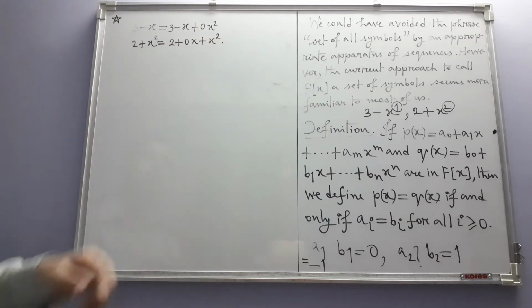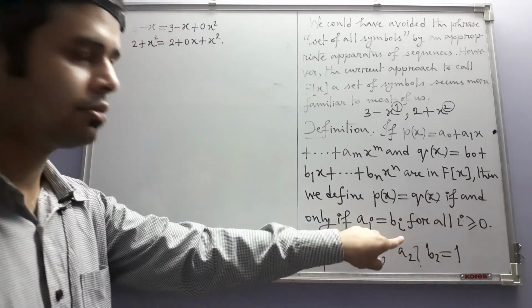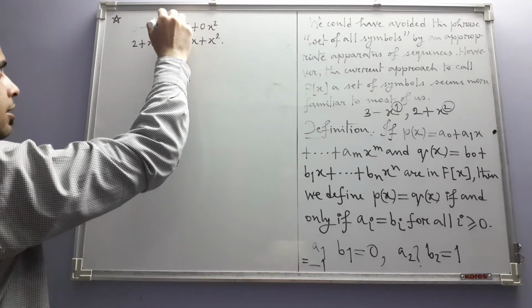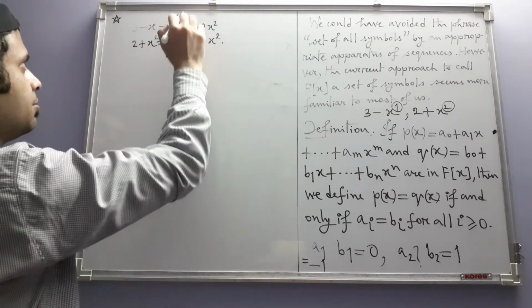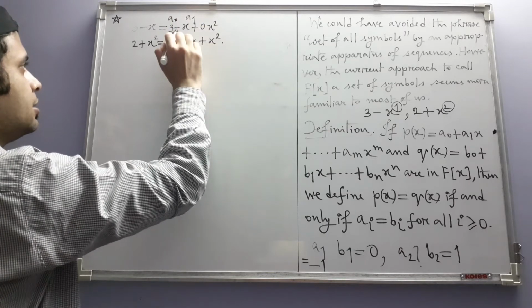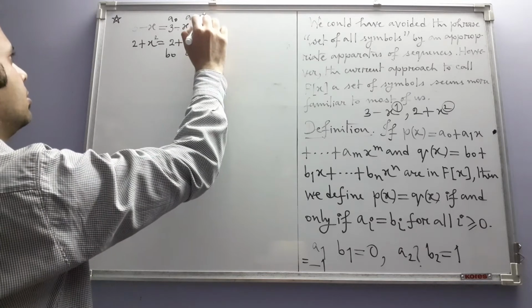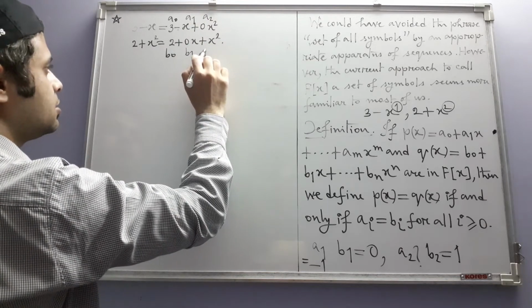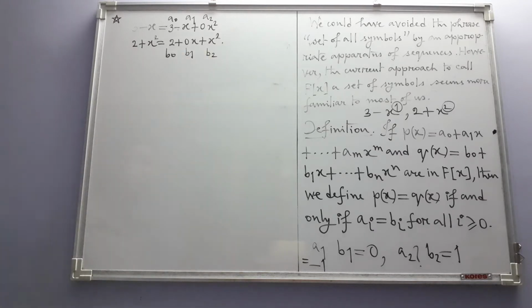Okay, so now these conditions or these equations make sense. 3 and 2, this is a naught, this is b naught, they are not equal. a1 is minus 1, b1 is 0, they are not equal. a2 is 0, b2 is 1, they are also not equal.